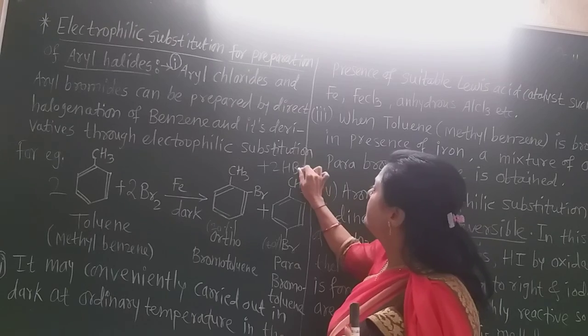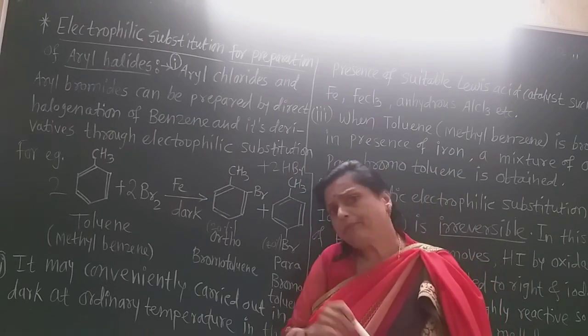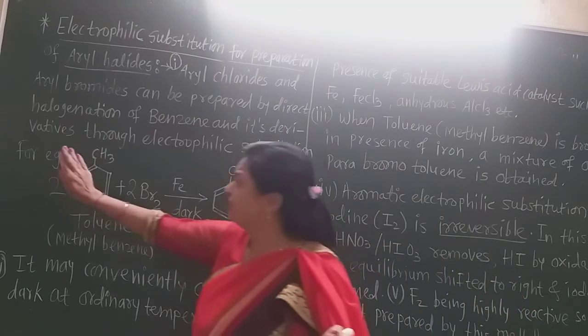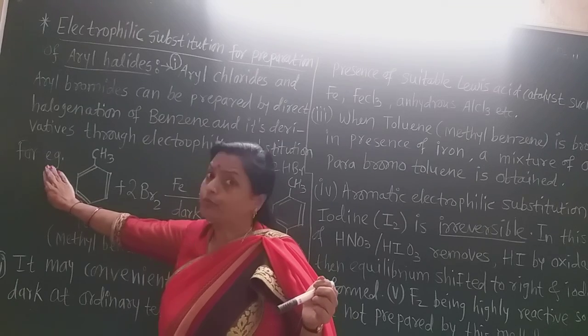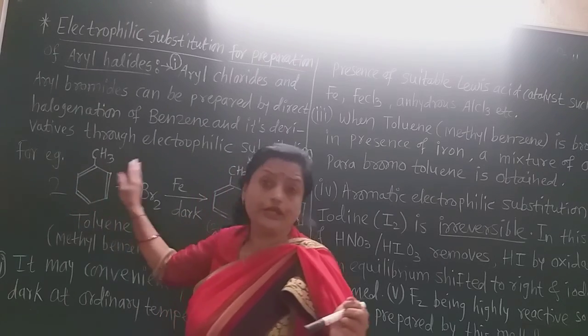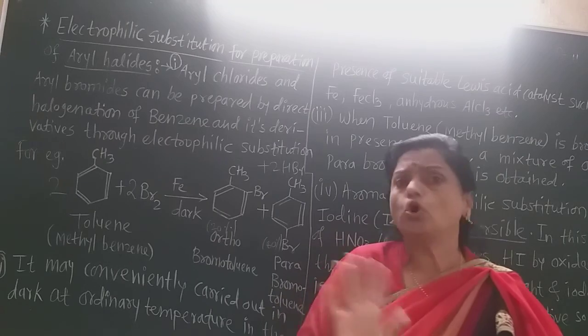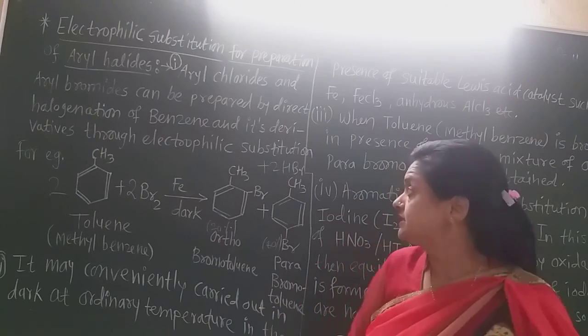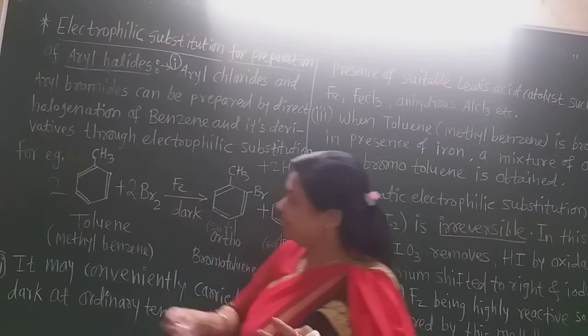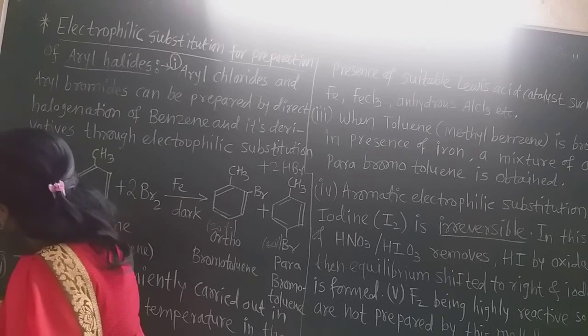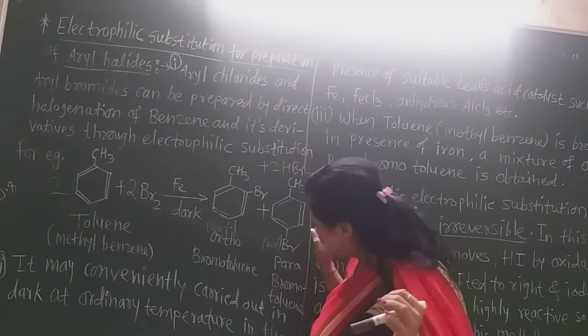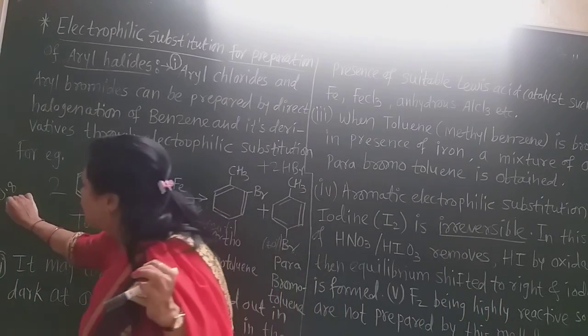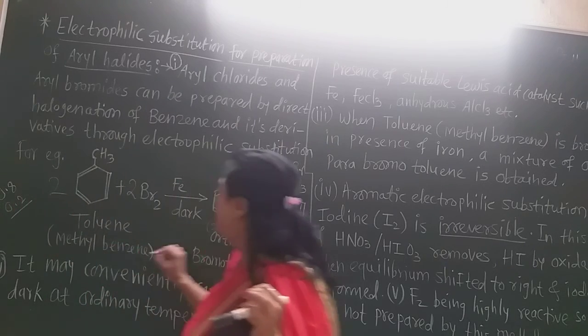But remember student, if still I use only one molecule of toluene and one molecule of bromine, there is no effect, because 80% means 0.8 mole of this para molecule and 0.2 mole of the ortho molecule.